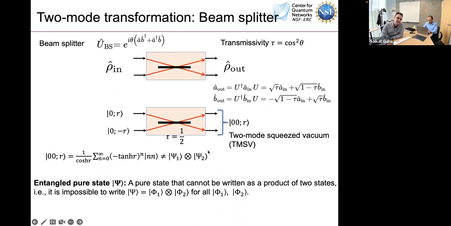This state, as Saikat defined before, is an entangled state. We can see quite easily from its form, if we write it in the Fock basis, that it's impossible to break it as a tensor product of two other states. In general, a pure state that cannot be written as a product of two states, we call an entangled state.